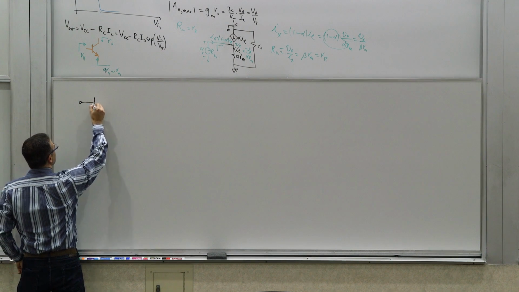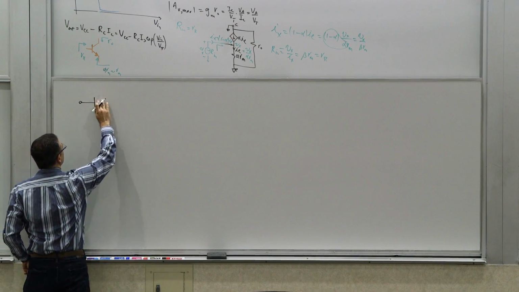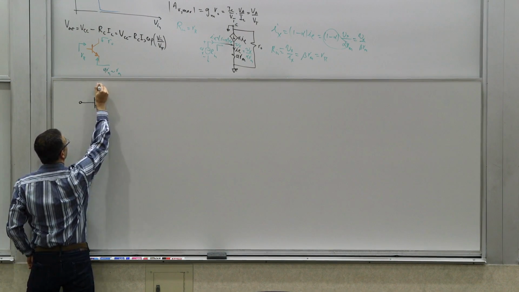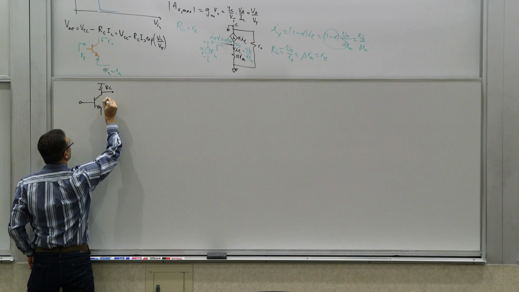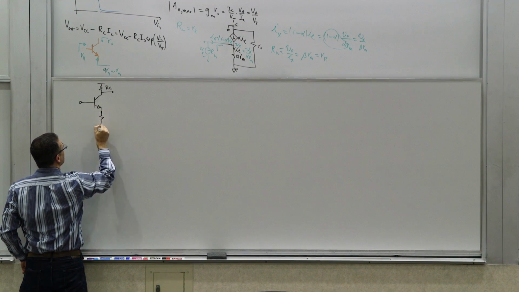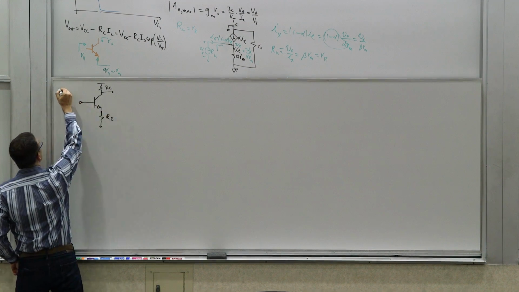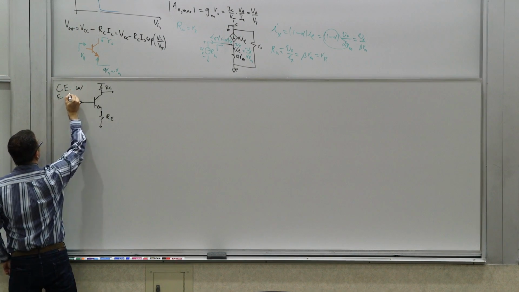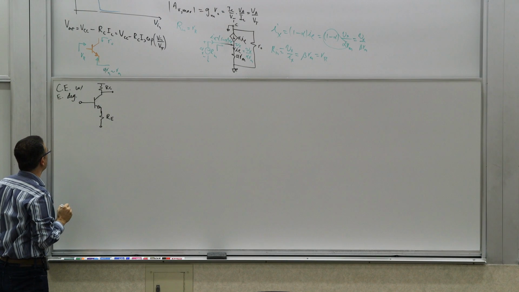Now, once you have a resistance in the emitter, or in the source later on, as we'll see, or in terminal 1, you introduce a second resistor, RE. So this is common emitter with emitter degeneration. That's what we call this.